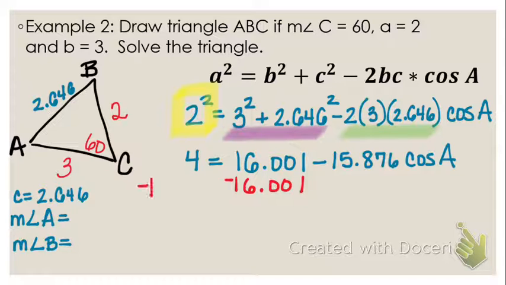So let's take 4 minus 16.001. Type that in your calculator.